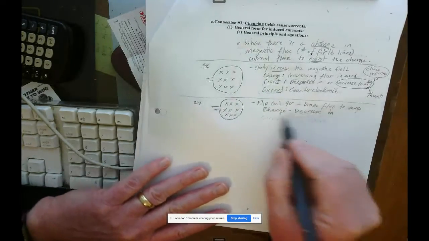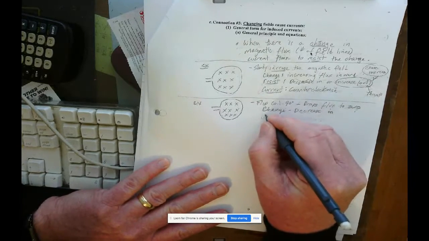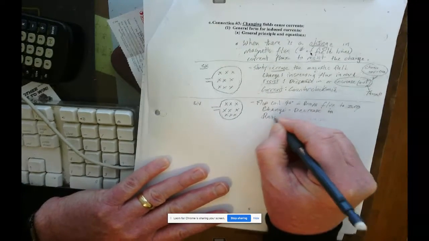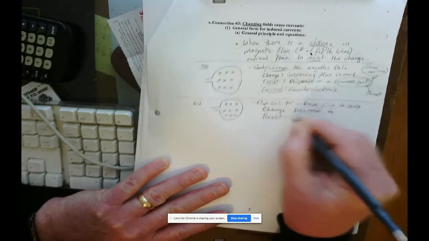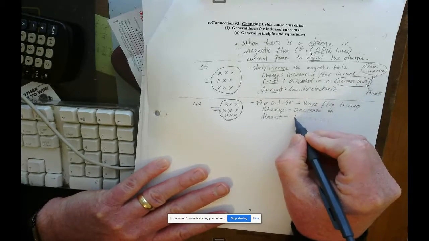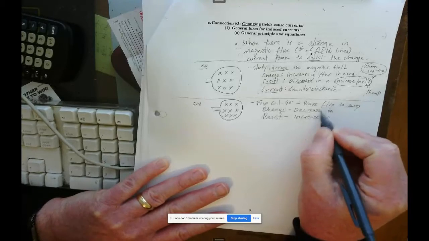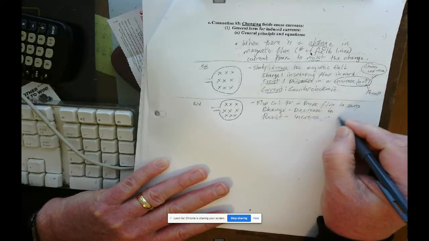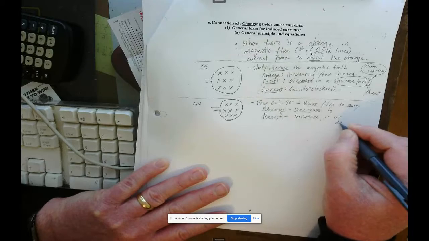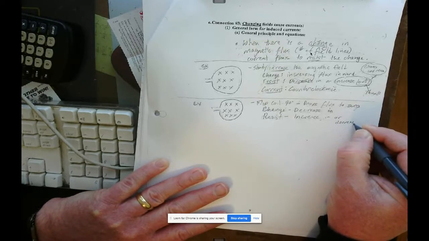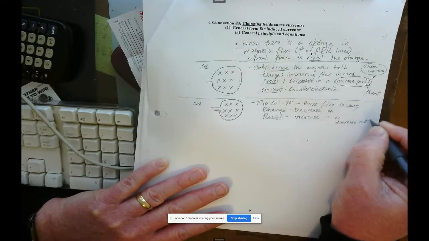Now, back to this example. Change is decrease in. To resist that change, we have to do the opposite. So I can increase in. That's the opposite of decreasing in, or decrease out. Decrease out. That's the opposite.